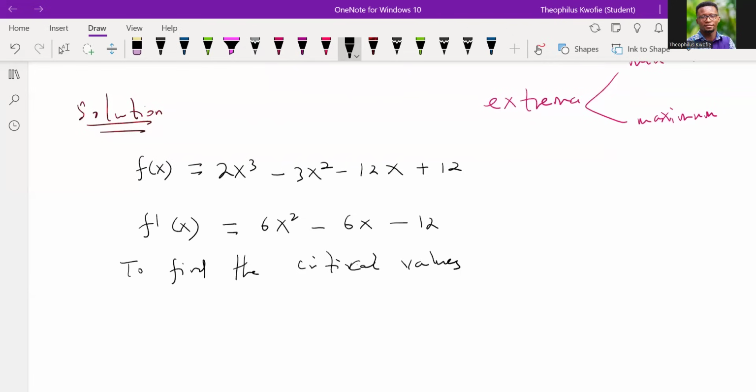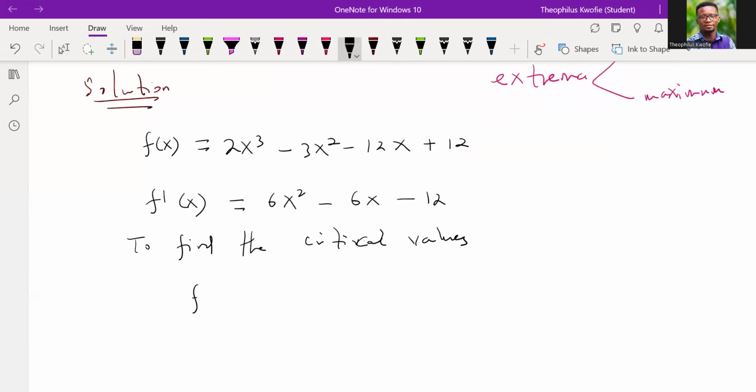Now, to find the critical value, since this is just a polynomial, we are going to stick to the case where we're going to set just this to 0, since this is just a polynomial. So you're going to make sure that we solve for this.